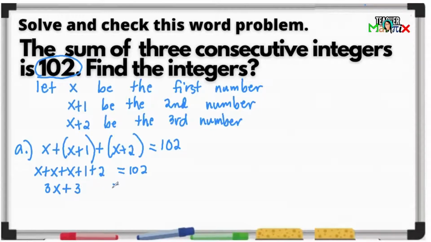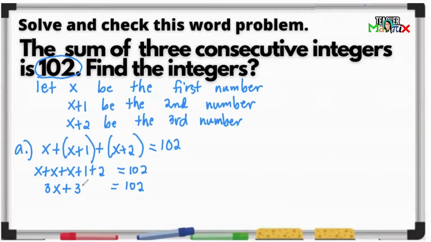Copy again the 102. Now, we have this numerical coefficient and we have the constant. So, combine the alike terms. We're going to remove this 3 and transfer it to the other constant, or combine it with the constant number.